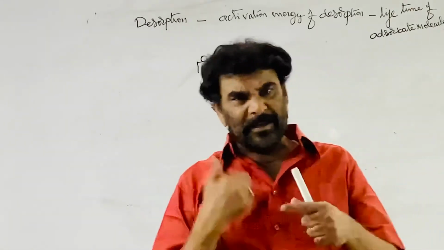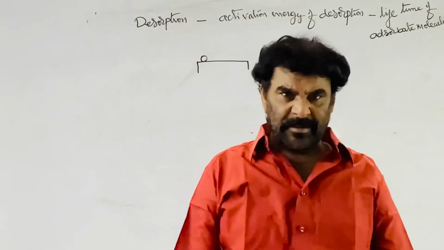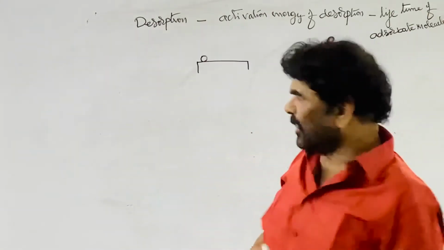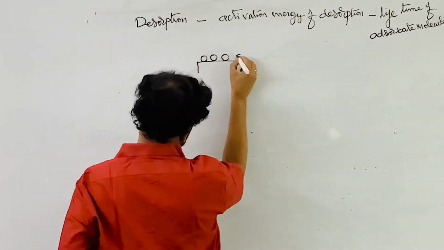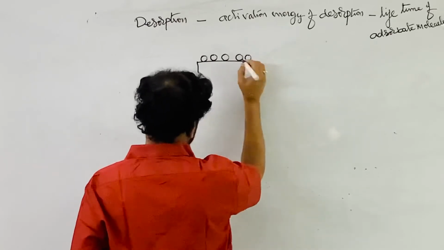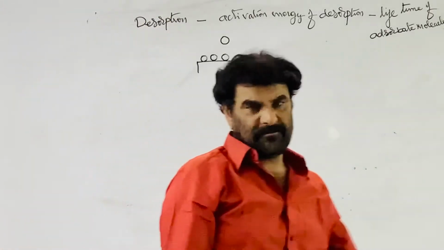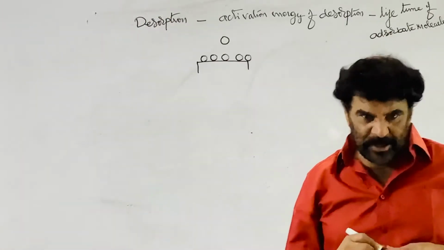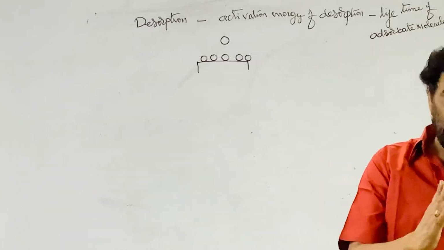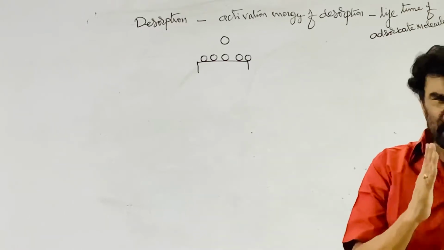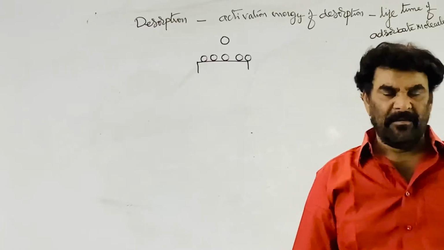So the energy needed to detach from the surface of the adsorbent is very, very less. Therefore, this is adsorption. Adsorbate molecules are adsorbed on the surface, and they are desorbed. Adsorption, desorption. Now, the time spent by the adsorbate molecule on the surface of the adsorbent is very, very less.